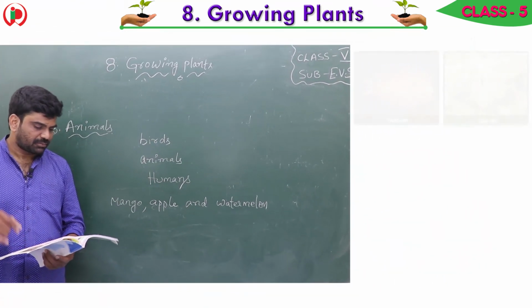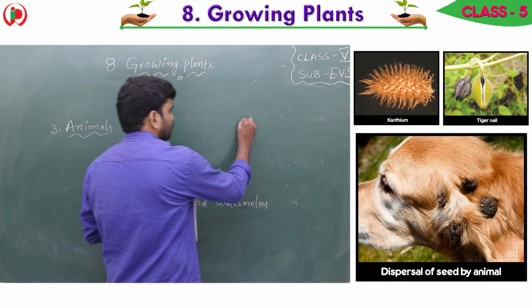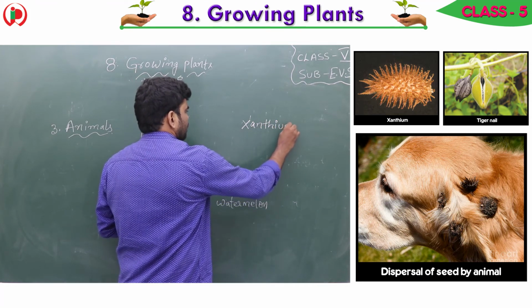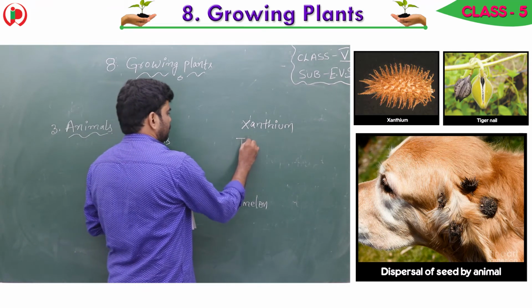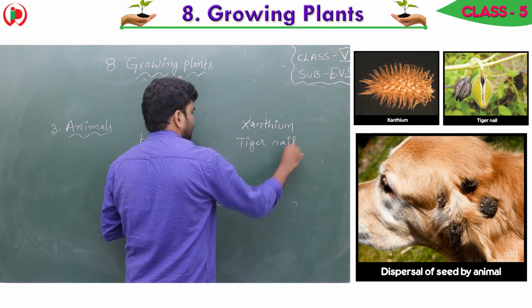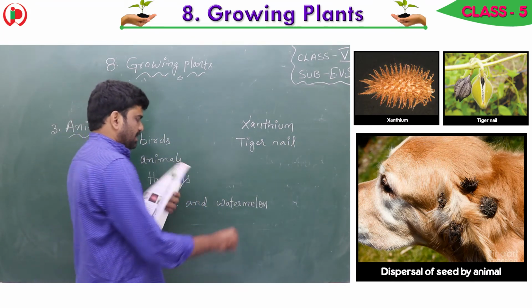Second one, seeds of plants like xanthium. What is this, children? Xanthium, tiger nail and spear grass.